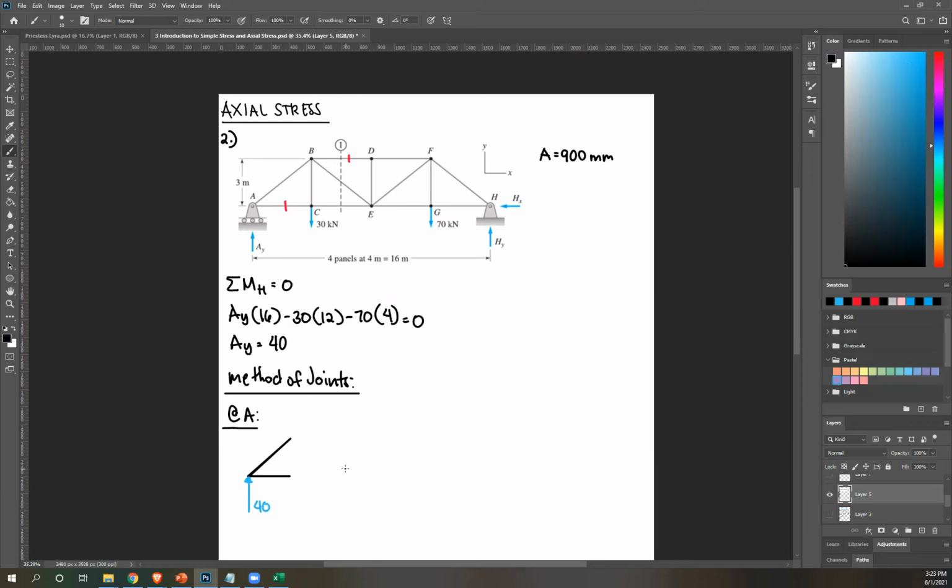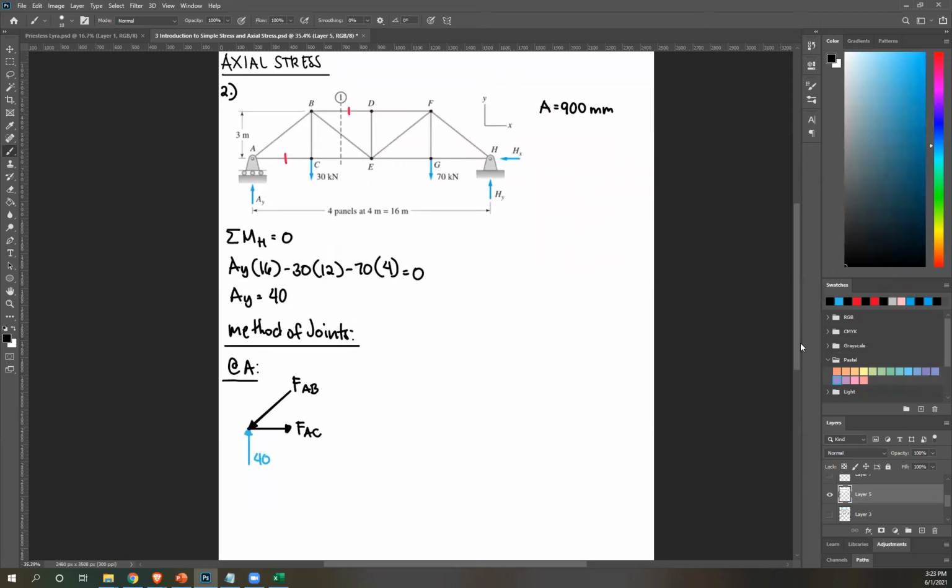Now again, make intelligent guesses on the direction of your force. This is upward. To put this in equilibrium, I need a downward force, and I'll get that from here. So this is your FAB. Next, I have a force to the left now. I need another force to the right to balance that out. So there to the right, AC.